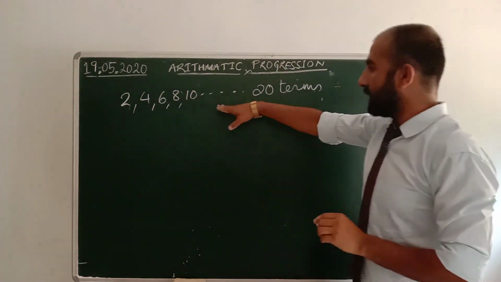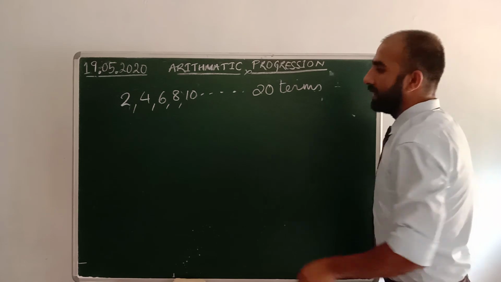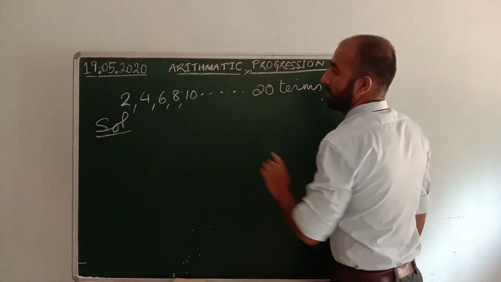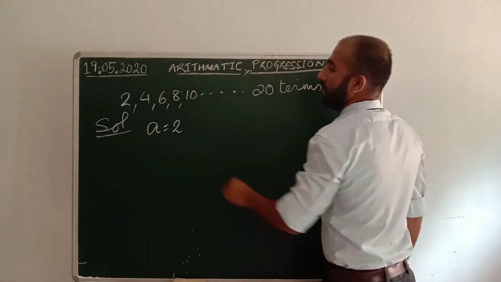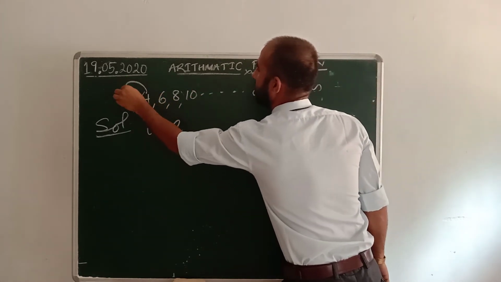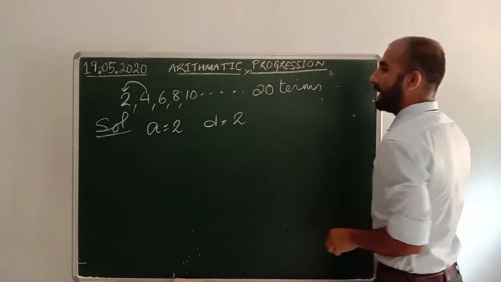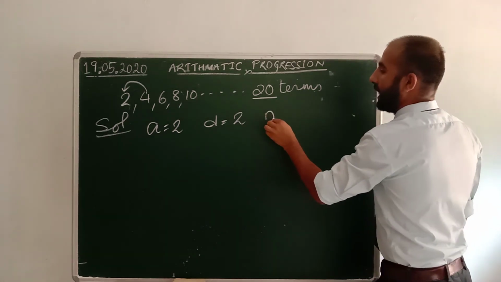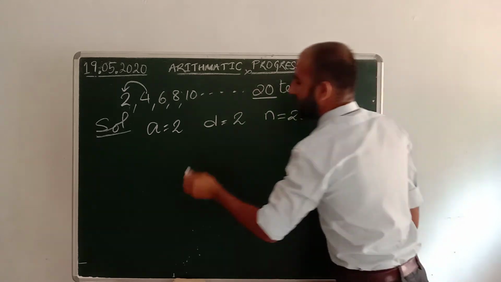Okay, let's get started. The first term is given as 2. Common difference means second term minus first term, so the common difference is also 2. And how many terms are we going to add? We are going to add 20 terms, that means n in this case is 20. So let's find the sum.